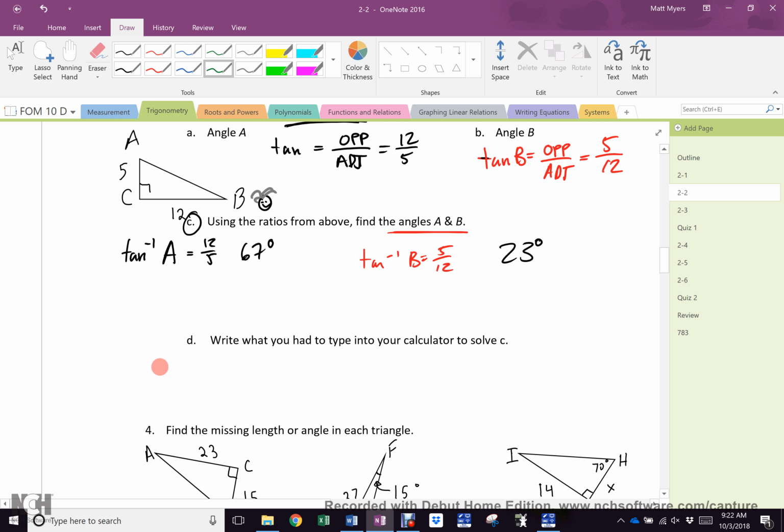I had to push second. Then what did I push? Tan, and that gave me a bracket. Then I pushed 12, then divided by, then 5, then close bracket, then equals.